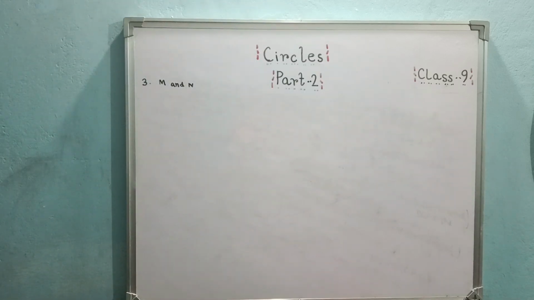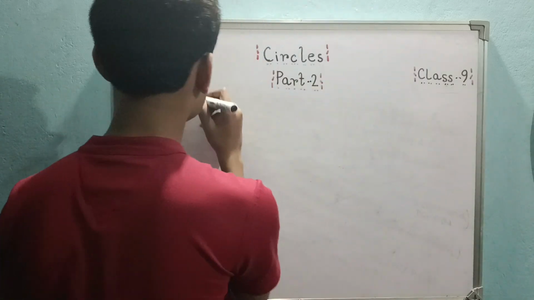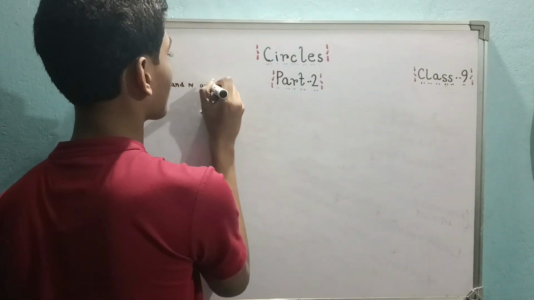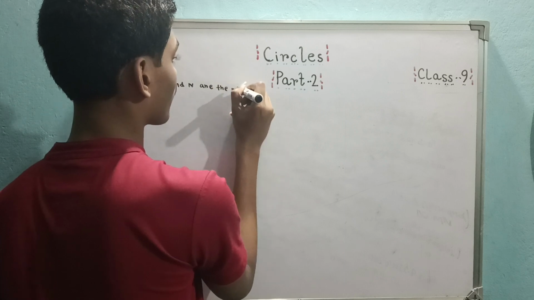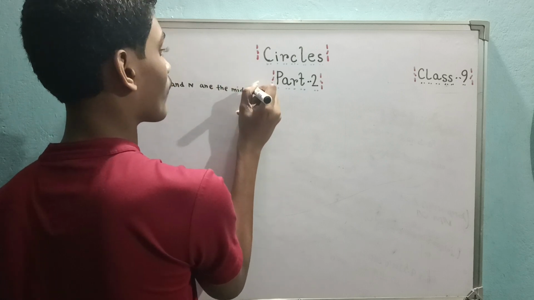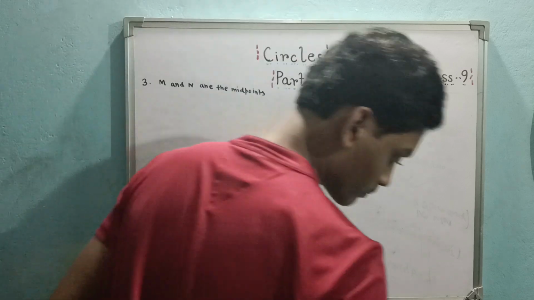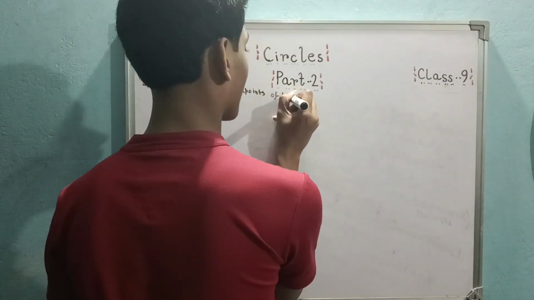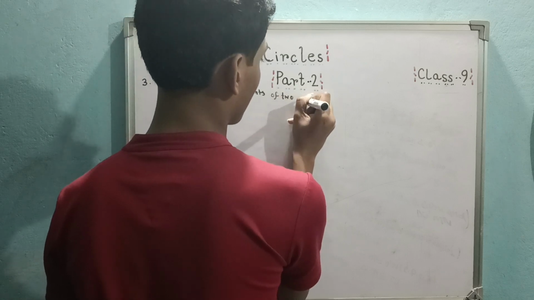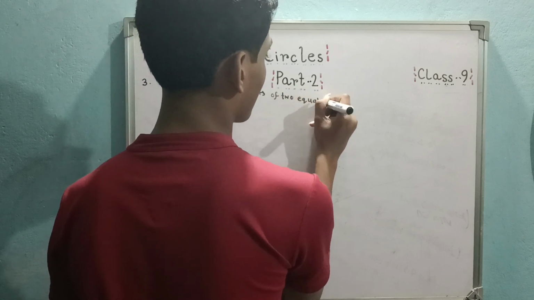are the midpoints of two equal chords AB and CD of a circle with center O. Nice question.